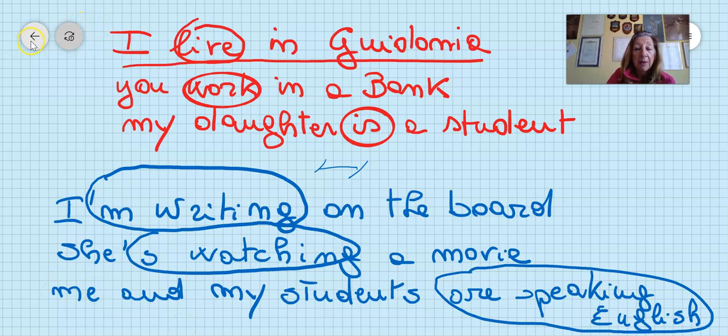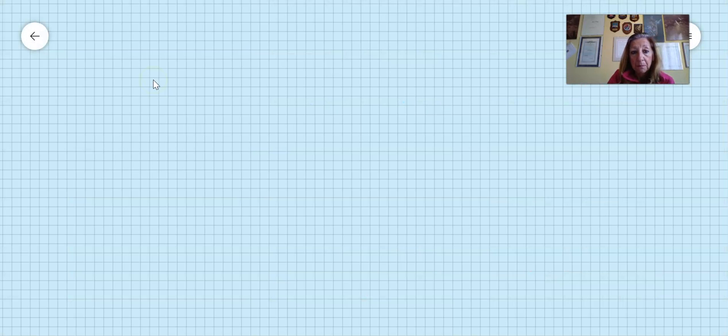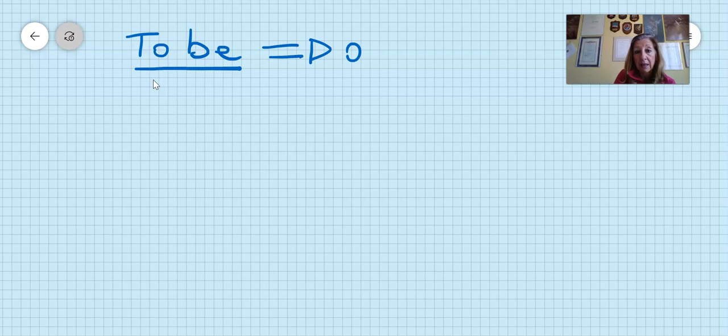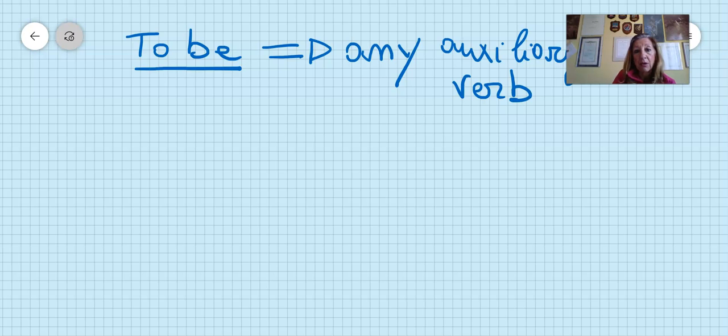Now let's see what happens if I use the present continuous in an interrogative sentence or in a negative sentence. You remember that the verb to be is a very important verb, and it doesn't accept any auxiliary verbs.